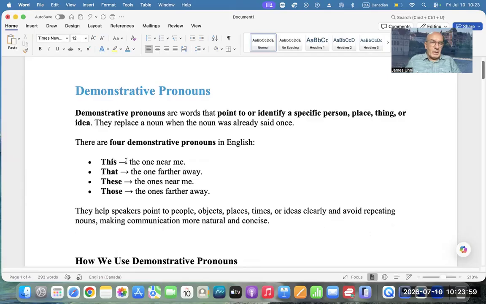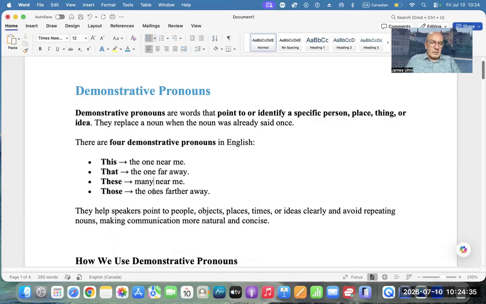So to explain it easy, there are 4 demonstrative pronouns in English. This, the one near me. That, the one further away, or we can say far. These, the many near me.